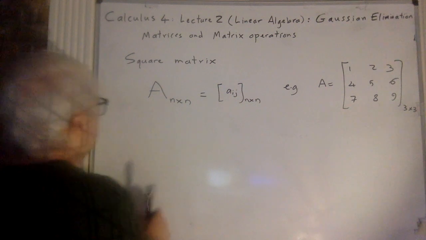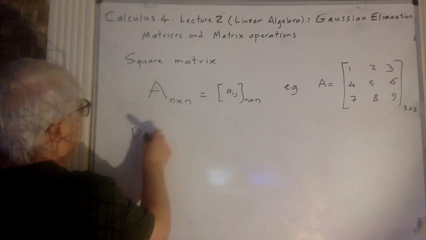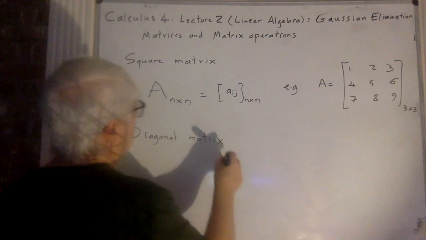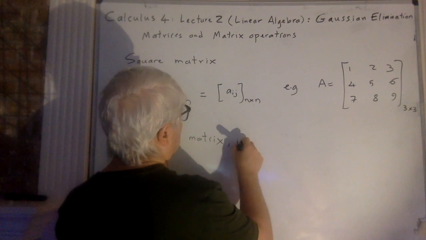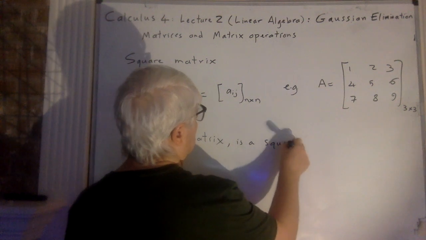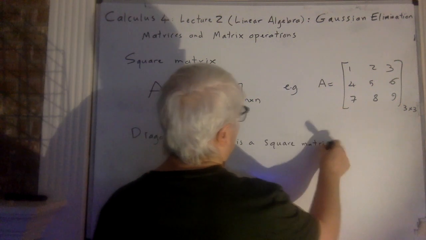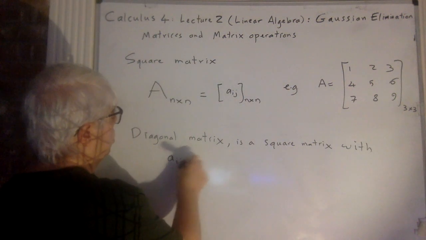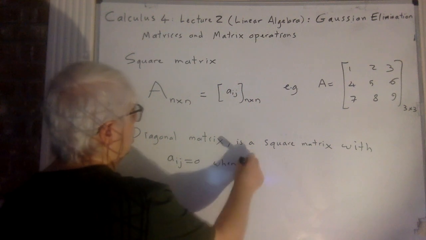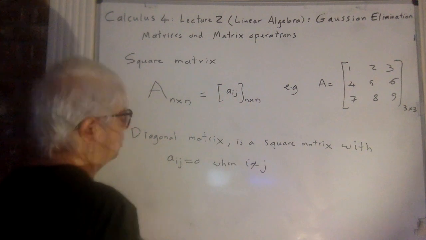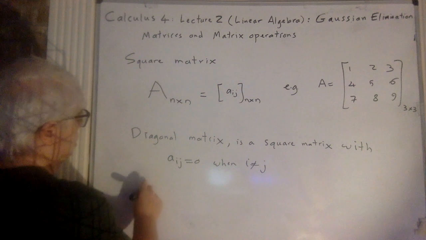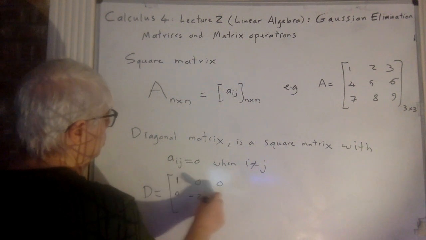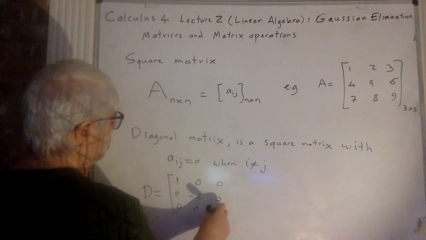And diagonal matrix is a square matrix with a_ij equal to 0 when i is not equal to j. So like this, B is 1, 0, 0, 0, -2, 0, 0, 0, 23, say.